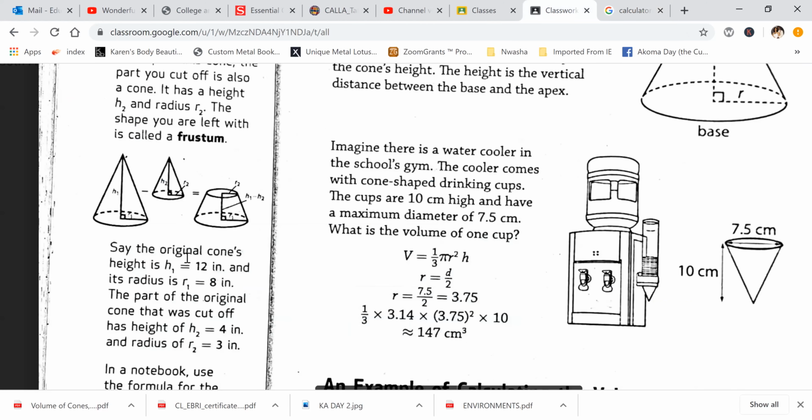So now this again would be the most complicated kind of question where you have to understand you're taking one shape from another shape. But this shape is a popular shape because it is kind of like what you might see in ice cream cups or ice cream bowls. This idea that if you flip this shape around, it would be coming to a point, but that part is cut off.